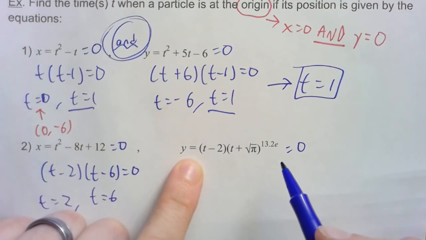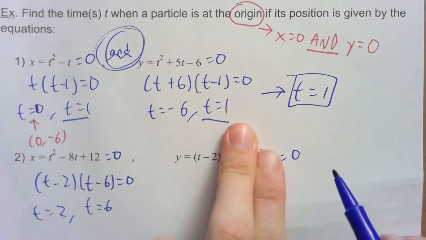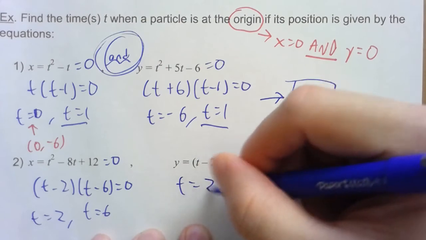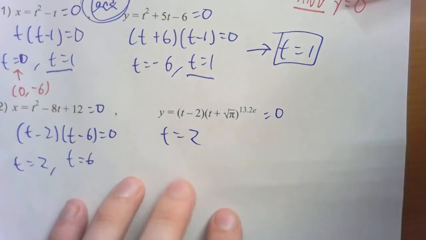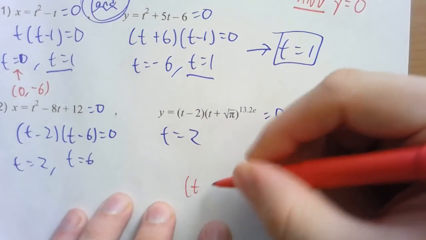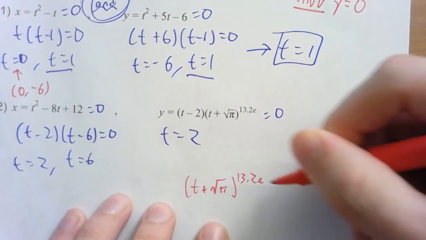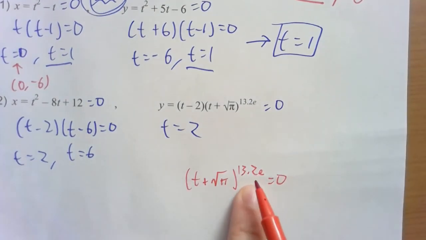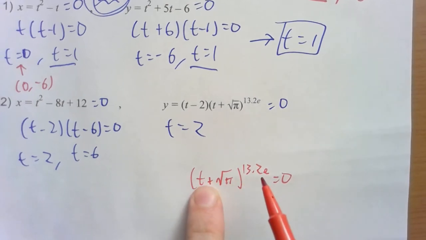If you take a look at this one here, we've still got the zero product property. We still either have this part equals 0, which would be t equals 2, or we've got this part equals 0. Right? Well, if you want (t plus the square root of pi) to the 13.2 e to equal 0, that exponent's not going to matter. If you want to get 0, the only way to do it is to have 0 to whatever exponent that is.